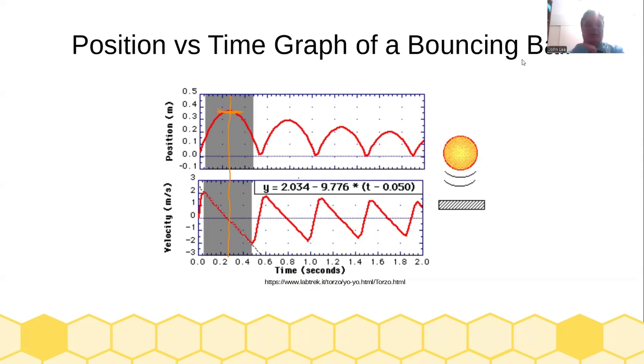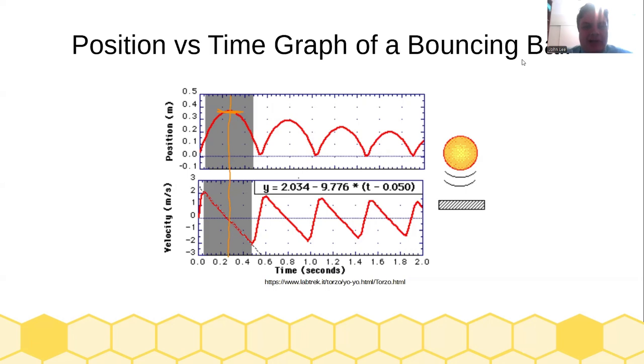Once the ball hits the floor, it then bounces up and creates another parabola. While this parabola doesn't go to the same height as the first one, because not all of the velocity was transferred back when it hit the floor, it is still a parabola and it is still in free fall.